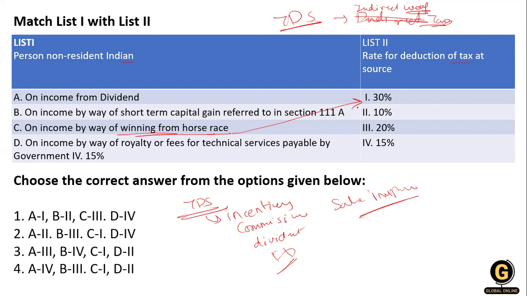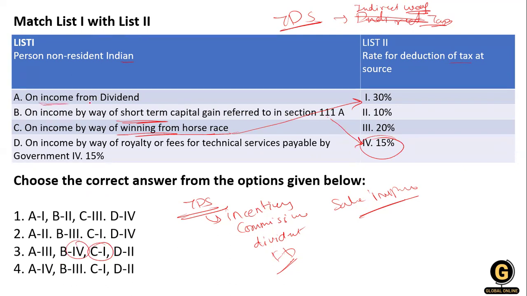You marked it. So C has the first. After that, in short term capital gain, according to section 111A, the income tax levies TDS of 15%. That is B having a 4. C having a 1, so we get an answer.